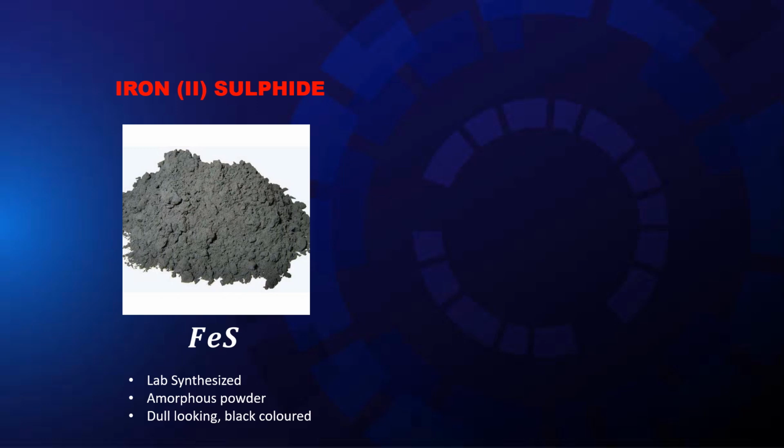You can just add hydrogen sulfide gas to iron chloride: FeCl3 plus H2S gives FeS. I know this is not a balanced reaction, but this is what generally happens in laboratories. So it's an amorphous, dull-looking black-colored powder.